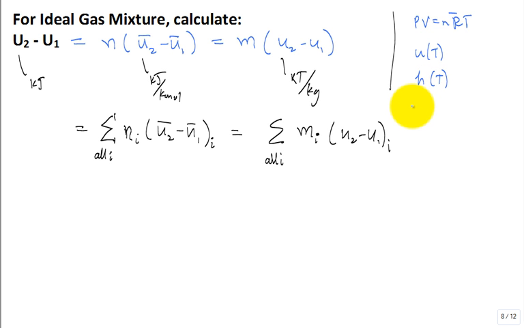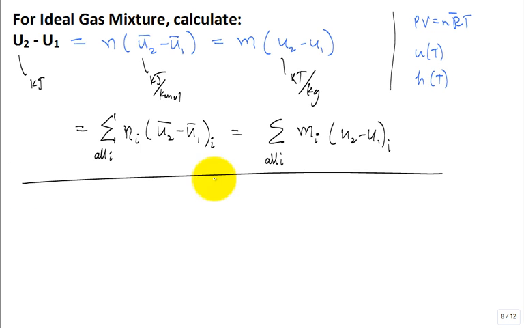Now, if I asked, what is the specific heat at constant volume for any substance, solid, liquid, gas, ideal gas, it's defined as the rate of change of internal energy with respect to temperature, holding volume, or specific volume, constant. Do you like that definition?